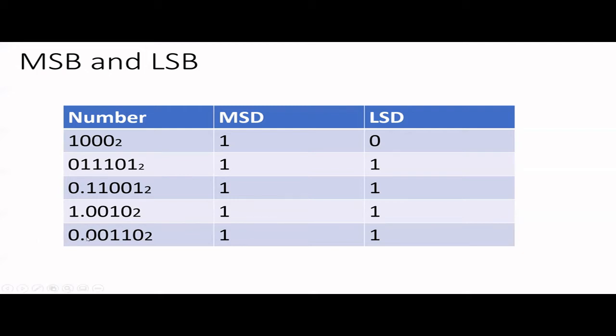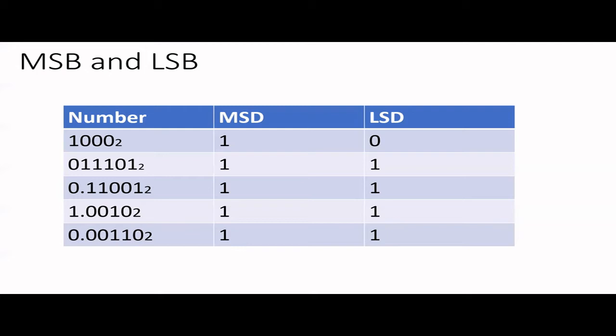The last one is also a decimal number, from base 2, a binary decimal number. Here, zeros are ignored for MSD or LSD. So in this number, the least significant digit will be the most right-hand number, which is not a 0. So 1 will be the answer.